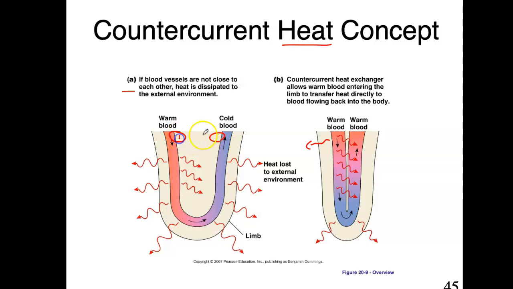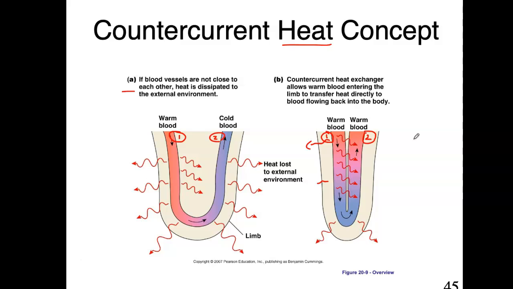We'll just call this 1 and 2. Now when you come to this side, region 1 and region 2 are very similar. Why? Because as it loses heat, it loses it to the neighboring vessel and disperses a little bit maybe. So location 1 and location 2 are going to be very similar in temperature.